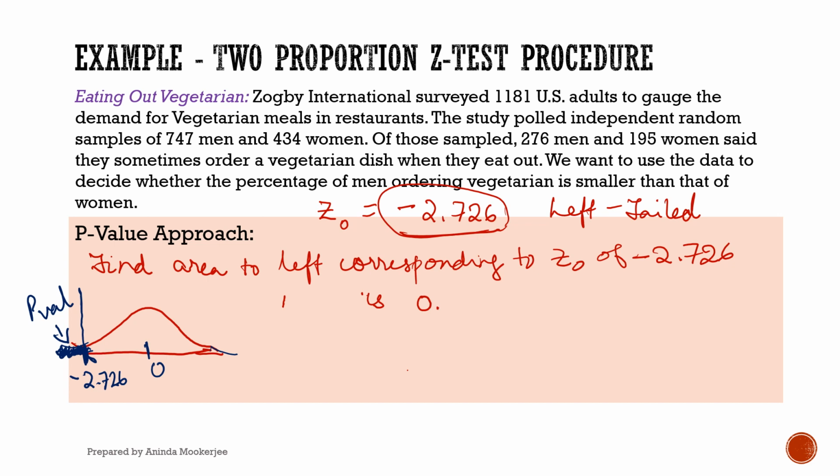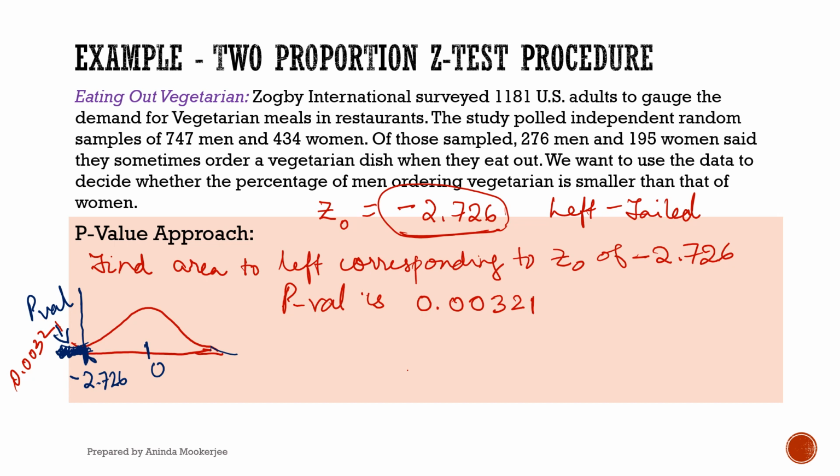So 0.0032 something, maybe 321. All right, that's the p-value. This area here is 0.0032.